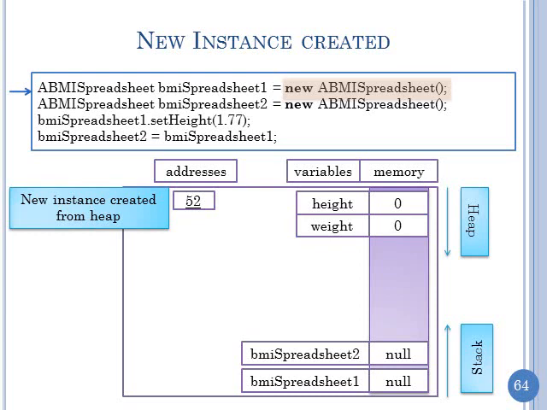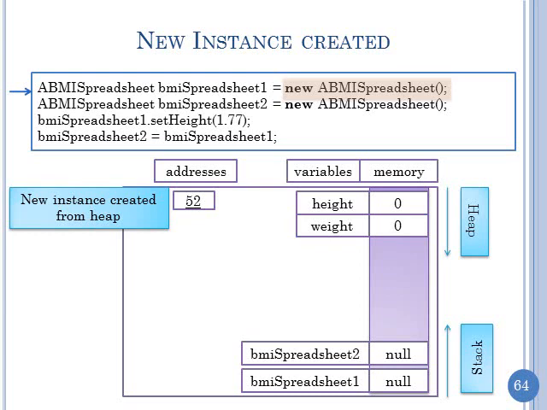The 52 there is pointing to where height starts. The heap grows downwards, and the topmost byte of the chunk that got allocated for that object is its address. It's not as if this whole area got copied in here. In some languages, if you use C and assign a struct value to a variable, the whole block gets copied right there.